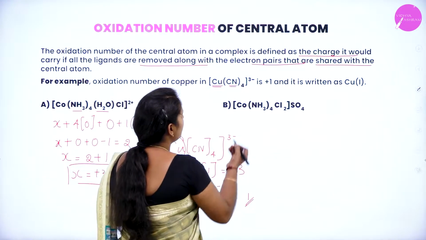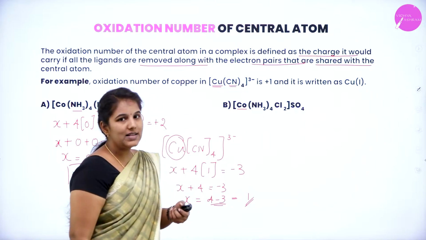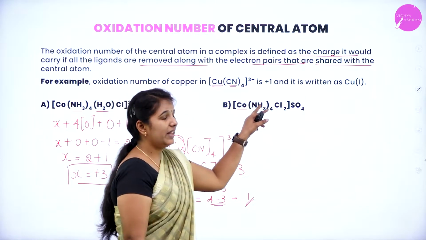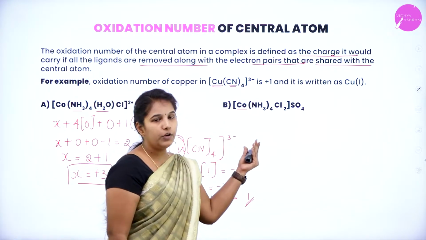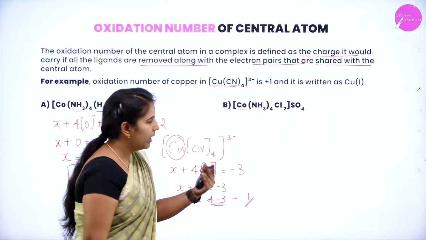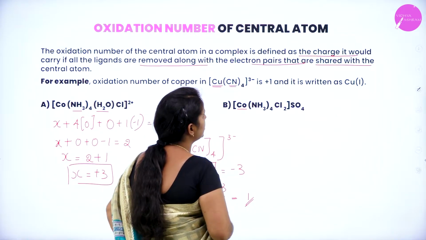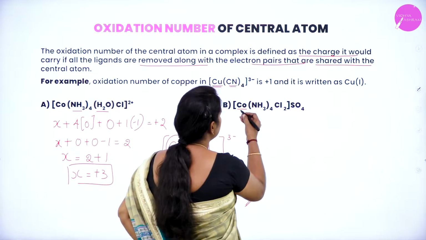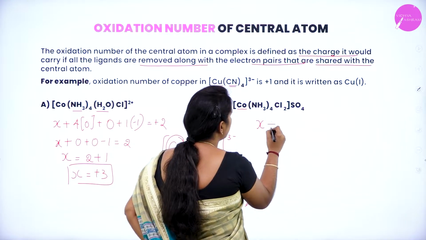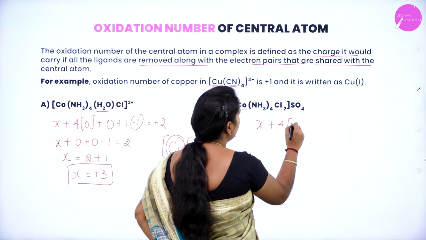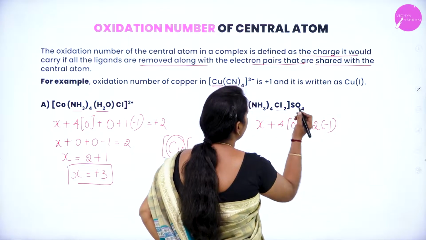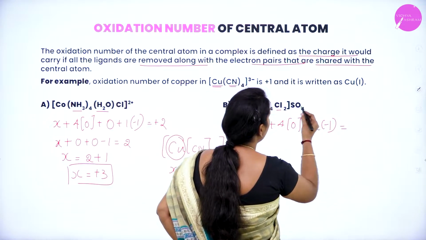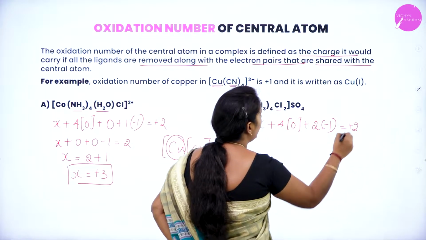So, in this example, you can see that cobalt is the central metal atom which has been coordinated with two different kinds of ligand. One is ammonia and one is chlorine. And how to calculate the oxidation number of this complex? I will consider cobalt as X plus 4 into 0 plus 2 into minus 1, because for the chlorine it is minus 1 and for the sulfate it is plus 2.